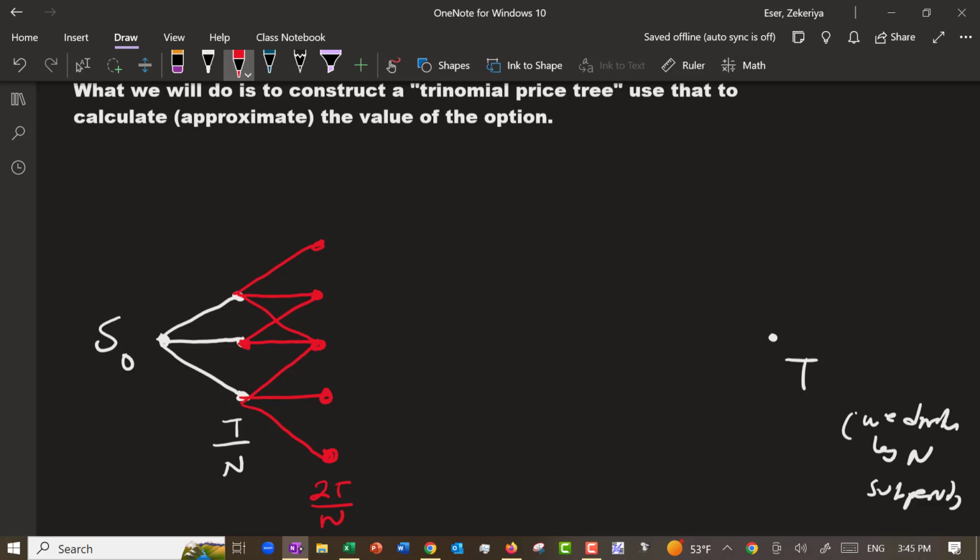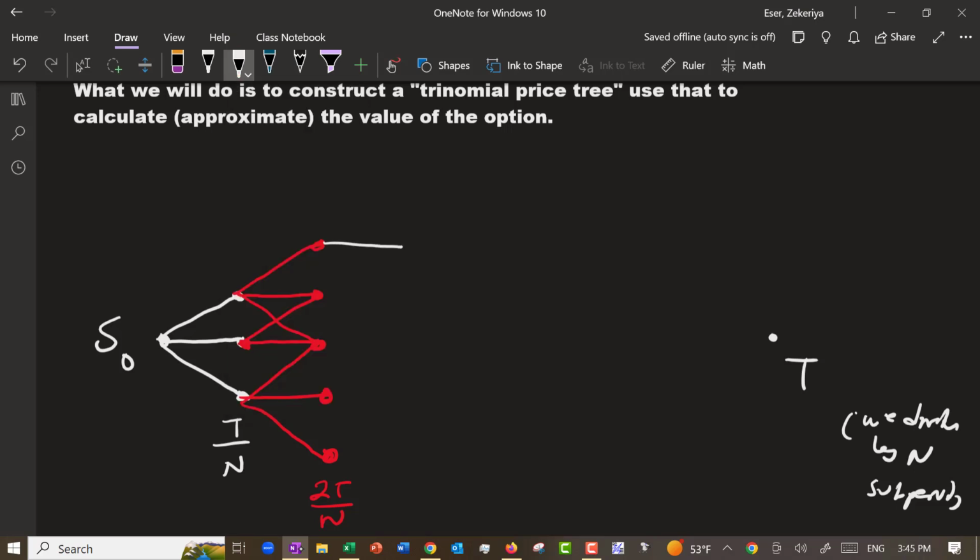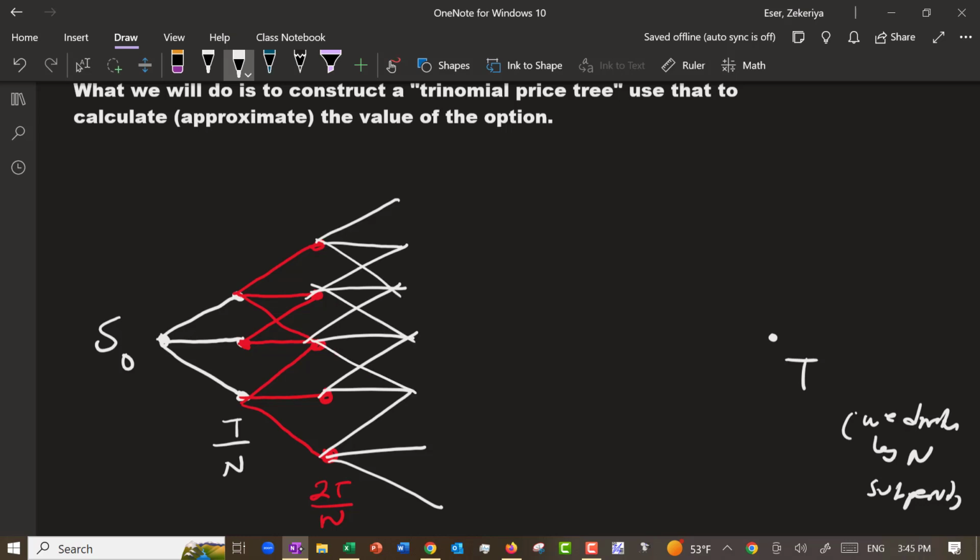Otherwise, in every period, the number of new points is just 2. So 1 point, 3 points, 5 points, 7 points, and so on. So next period, let's do white again. You just add 2 new extreme points. You go on like that, okay?